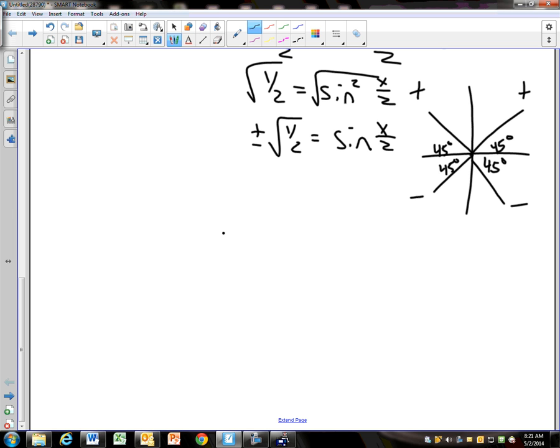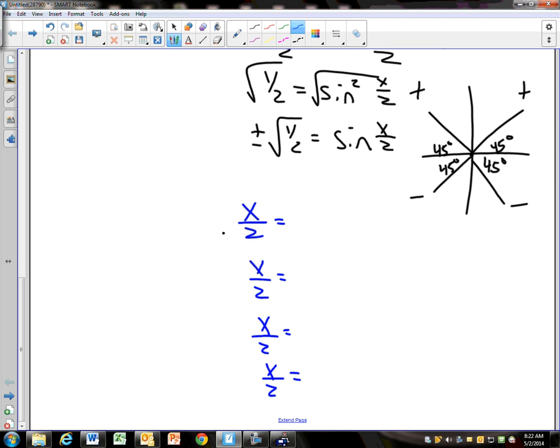You have 4 angles, 45 degrees. When I sine inverse, what was I left with? X over 2. So x over 2 is equal to, x over 2 is equal to, x over 2 is equal to, and x over 2 is equal to.